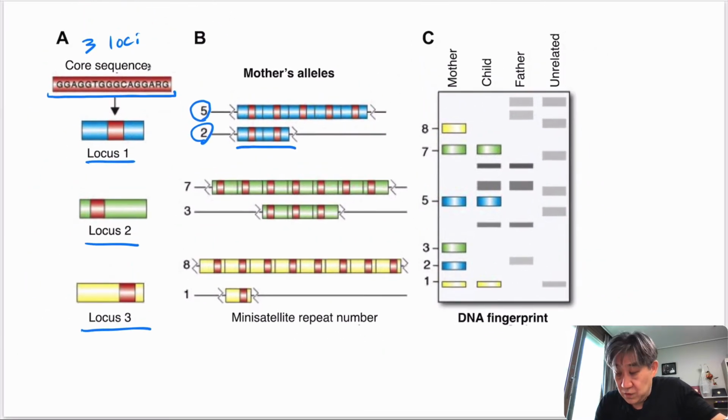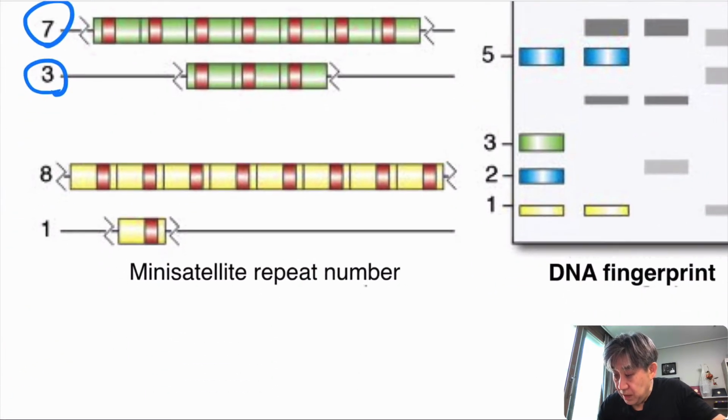At locus 2, this particular DNA sequence repeat exists in 3 and 7 copies in the two homologous chromosomes. And finally, at the third location, locus 3, the repeat number is 1 versus 8.